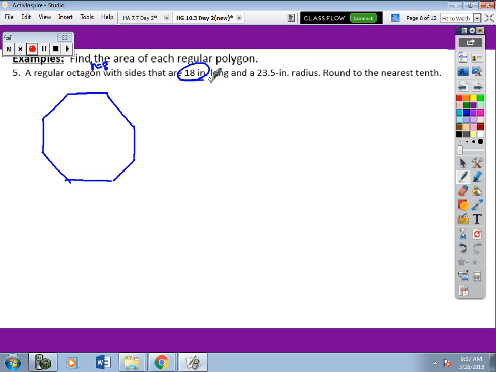Sides are 18 inches long. The radius, now the radius, remember, touches the center and it touches a vertex, is 23.5. Now remember, you can draw a radius anywhere and it will be the same length.